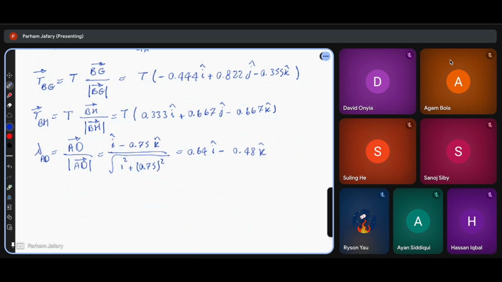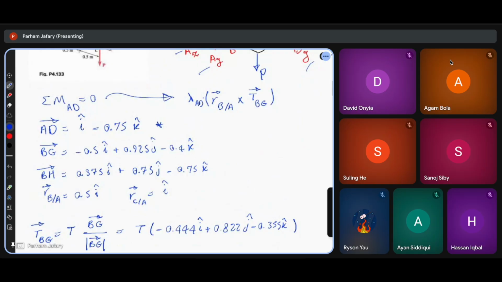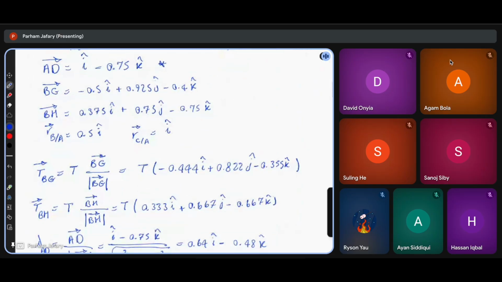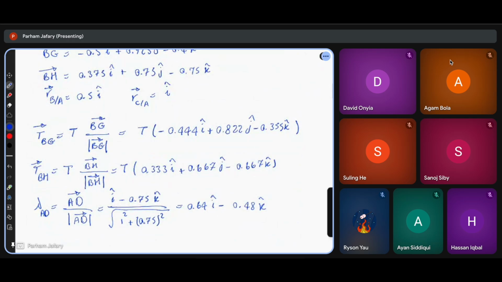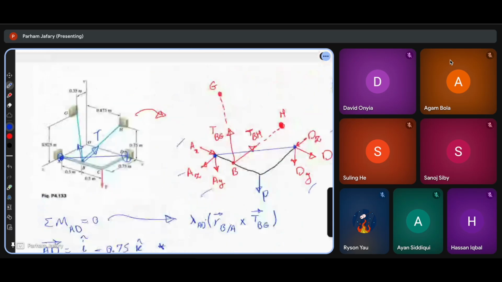Can't hear you. What's the difference between lambda and what? You're asking why I multiplied this one with T, but not lambda? Yeah? So this one was a force.